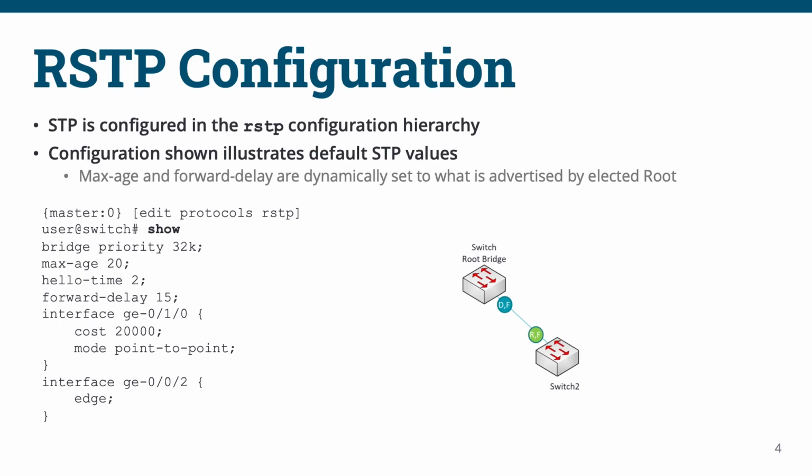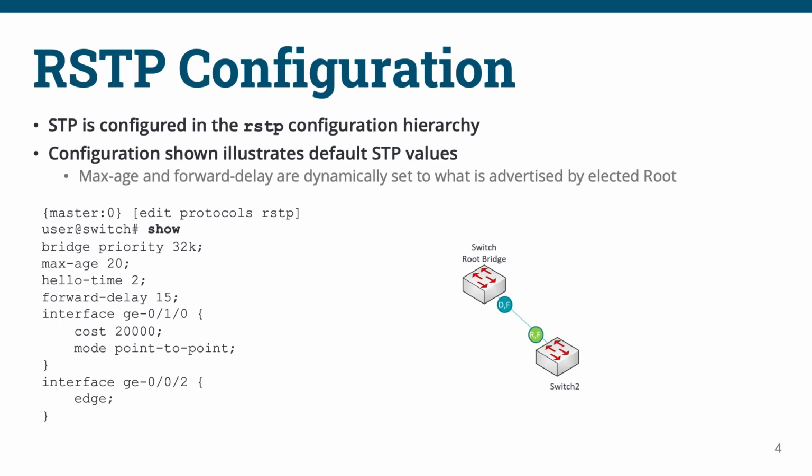In this circumstance, we'd simply configure the edge command to set our edge interfaces where end hosts connect. This is except for the Enhanced Layer 2 Software, or ELS, version of Junos, where the interface all command is not a configuration option. So, configuring STP and RSTP is pretty straightforward.